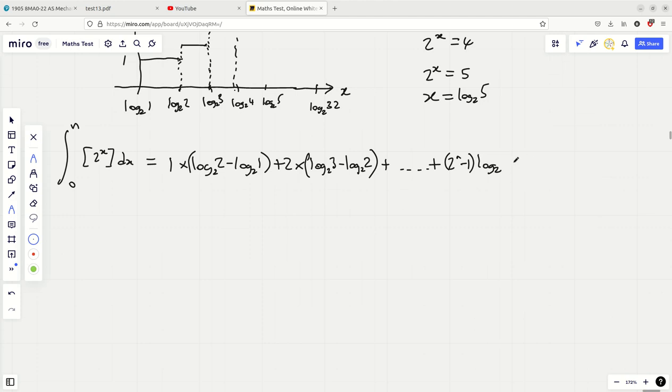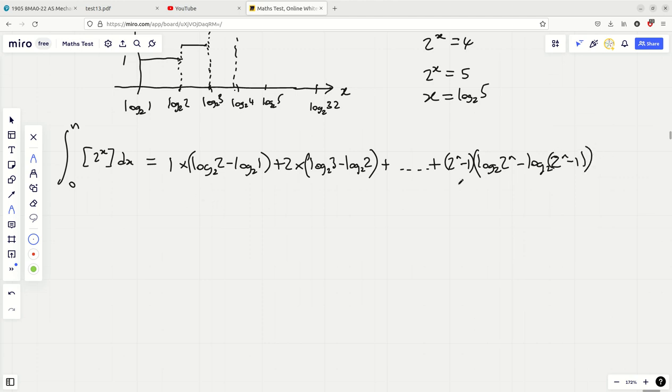Log base 2 of 2 to the power of n. Oh, yeah, let's write it in the same format as I had before. Log base 2 of 2 to the power of n minus log base 2 of 2 to the power of n take away 1.